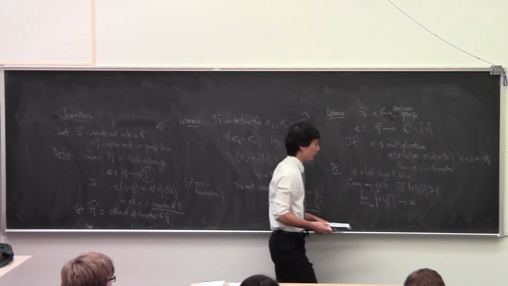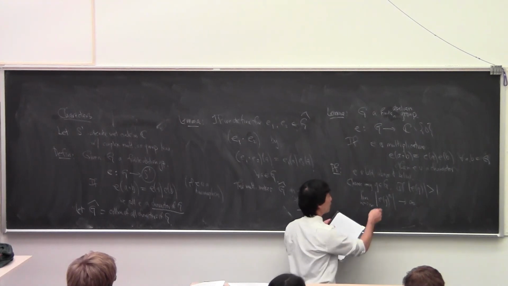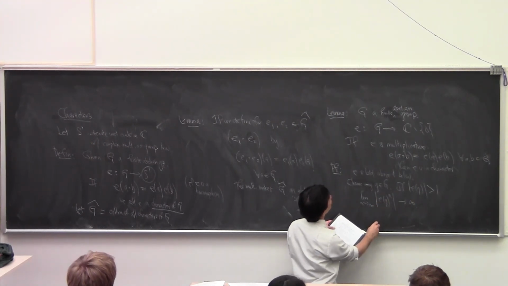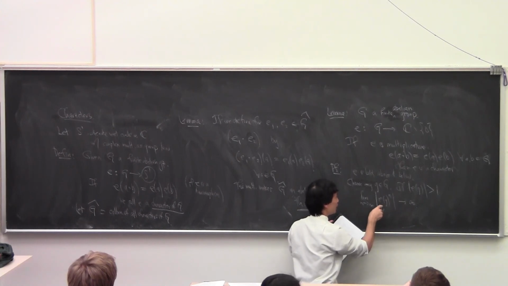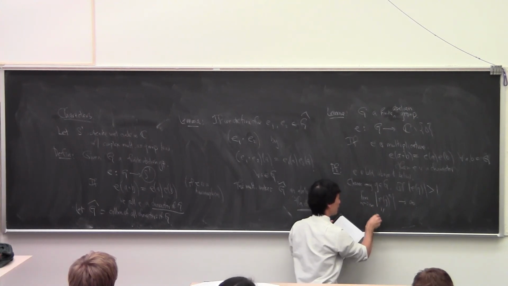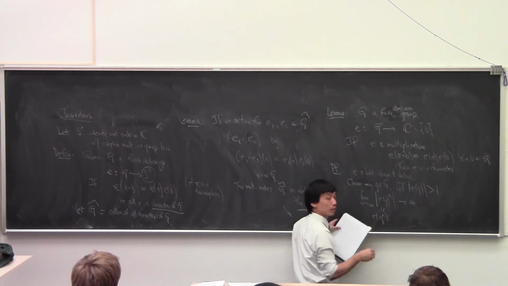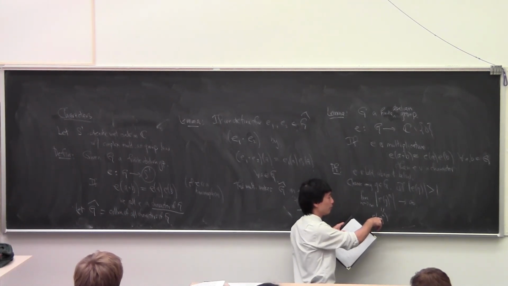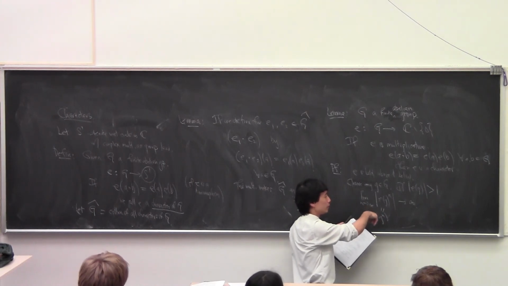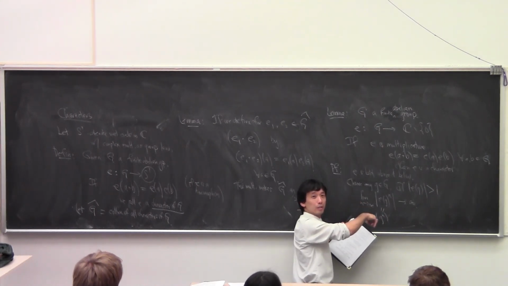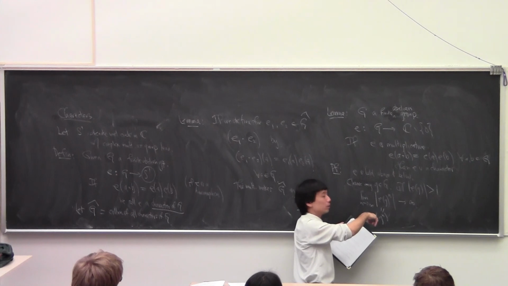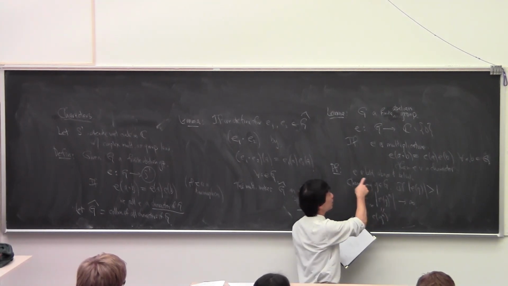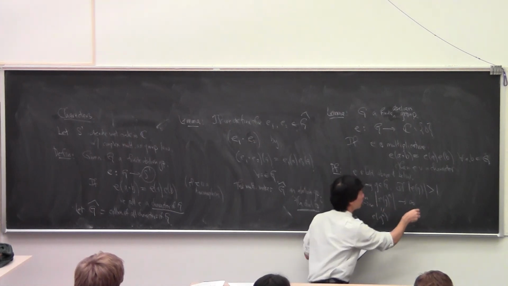But by multiplicativity, you know that this is the same thing as E of G to the n. But that would mean that there are elements for whom the function becomes arbitrarily large. The function has to become arbitrarily large, and we know it doesn't. So this is impossible.